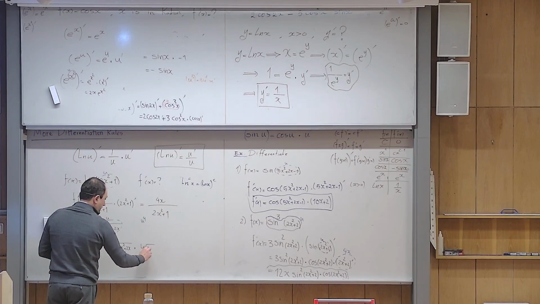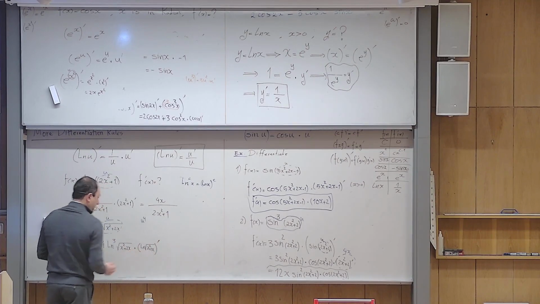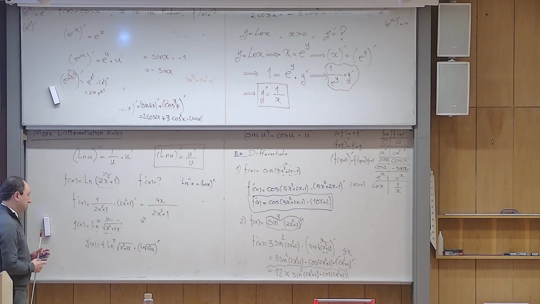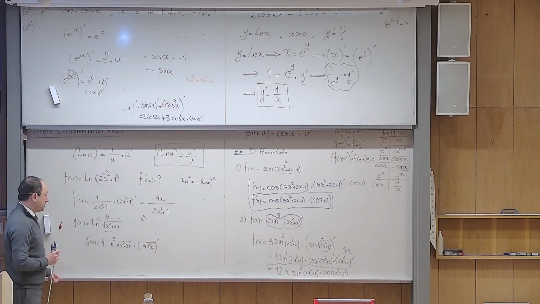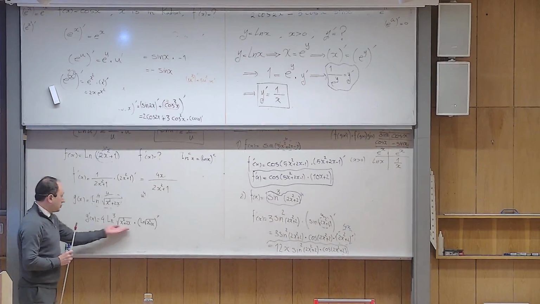This is my u, so multiplied by that prime. Okay, then what? I have to copy and paste this part.